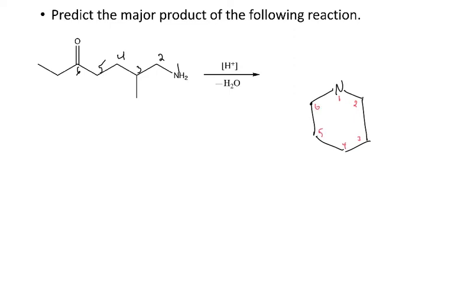And so the nitrogen took the place of this oxygen, so there should be a double bond between the nitrogen and carbon 6. And then there should be a methyl group coming off carbon 3. And then there should be an ethyl group coming off carbon 6. And so that is going to be the major product of this reaction.